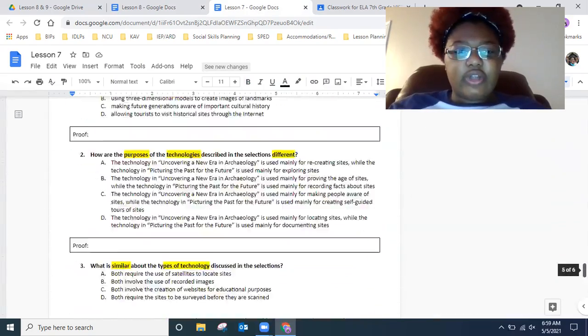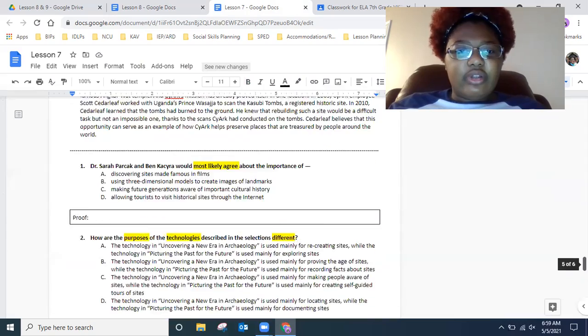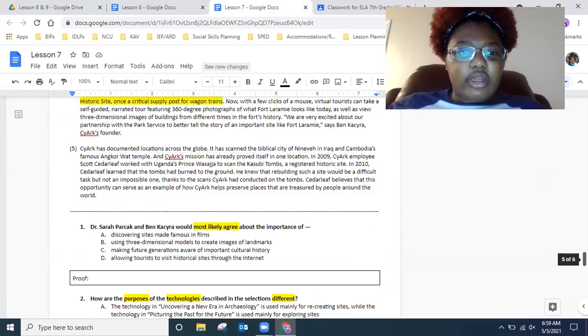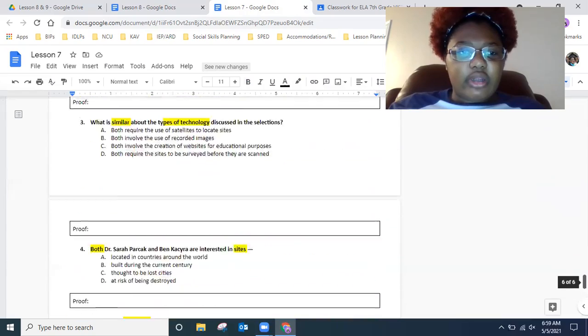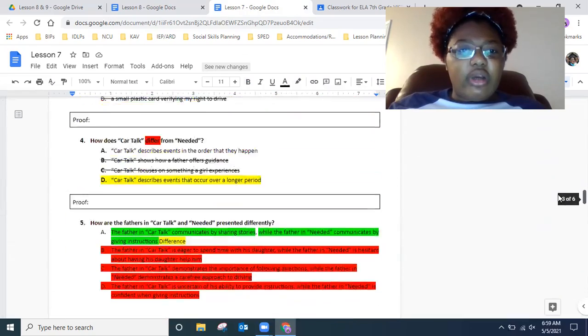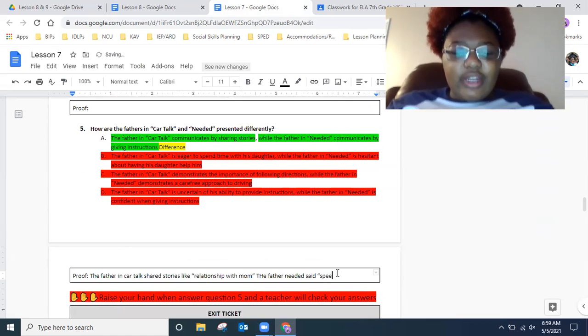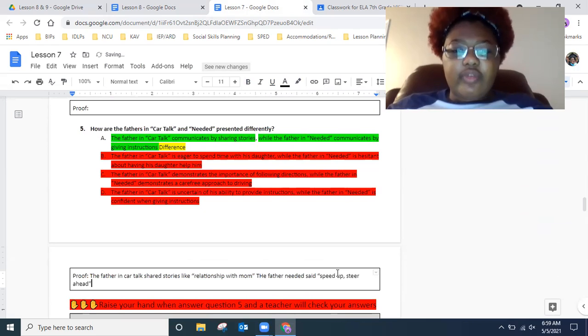And those are directions. So I'm going to put that down. Where was I writing? Oh, here. Okay, guys. Said speed up and steer ahead. And that's all I need for my proof.